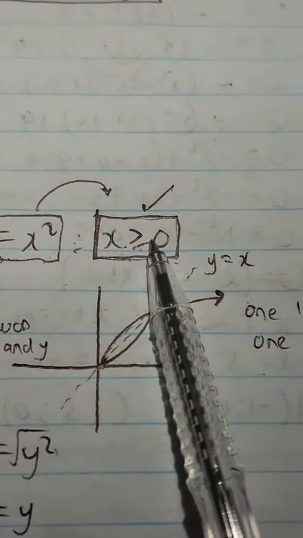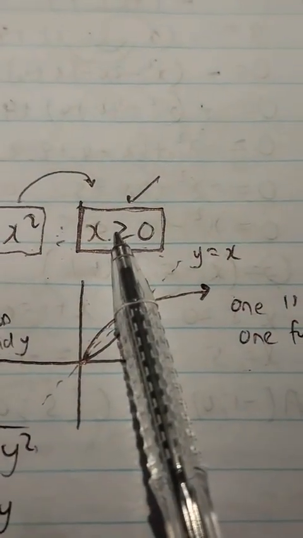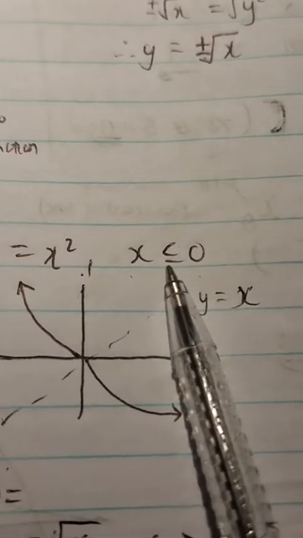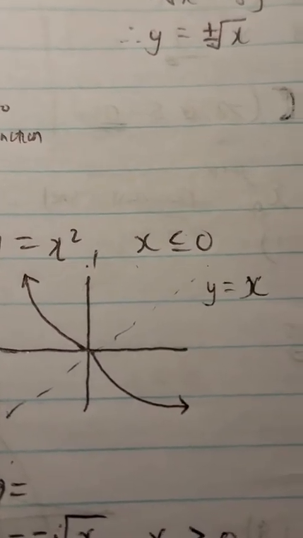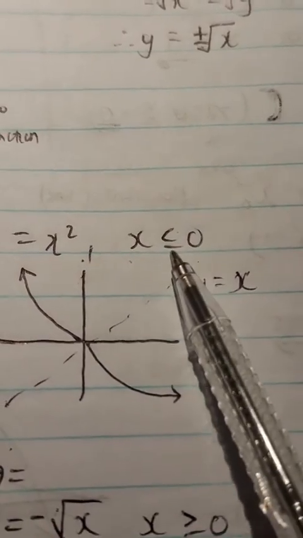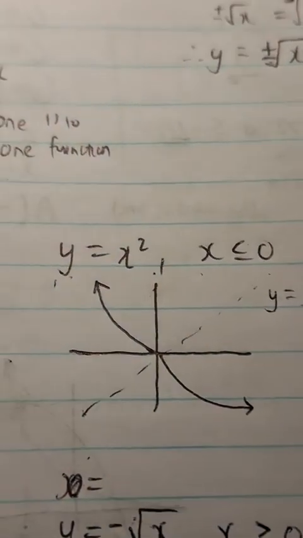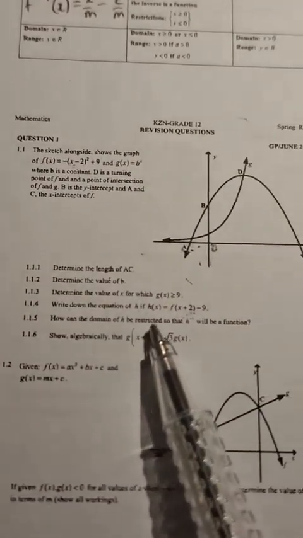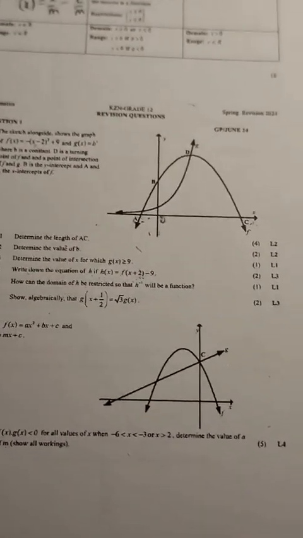You can say x greater than or equal to 0, or you can say x less than or equal to 0. You include the 0 because this turning point is at the origin. Are we together, guys? So that's how the domain can be restricted.